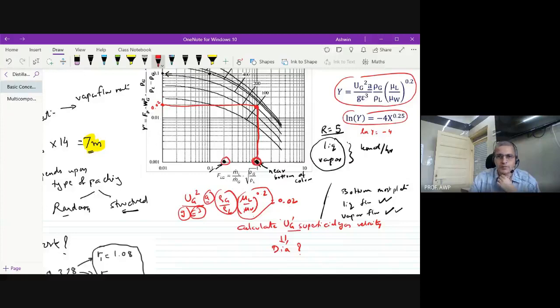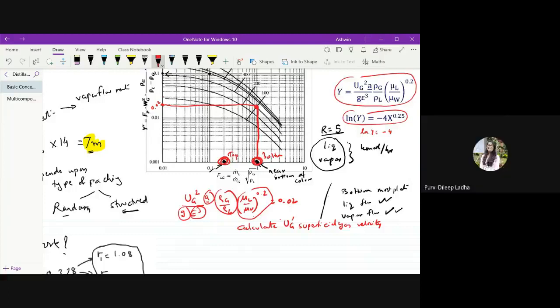So now you calculate at the bottom of the column, at the top of the column. Sorry, at top of the column, bottom of the column, bottom and top. Which case the diameter will be larger? Where the y-axis is smaller, isn't it? Yes, sir.